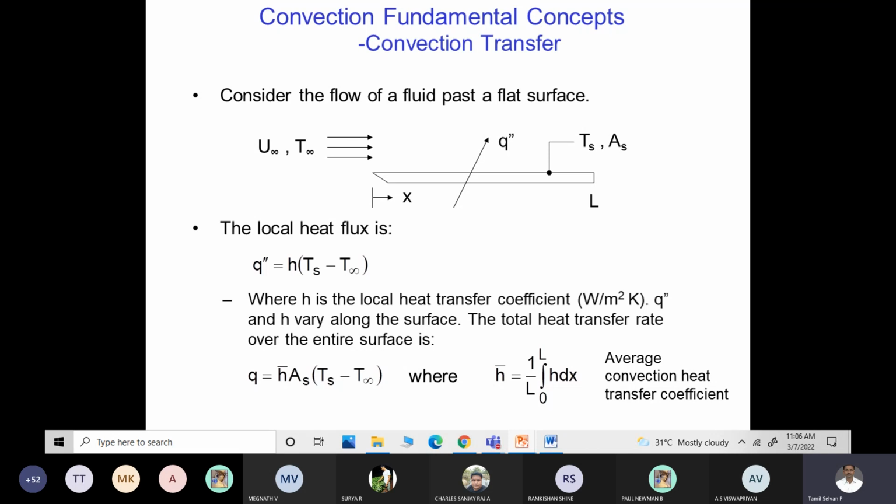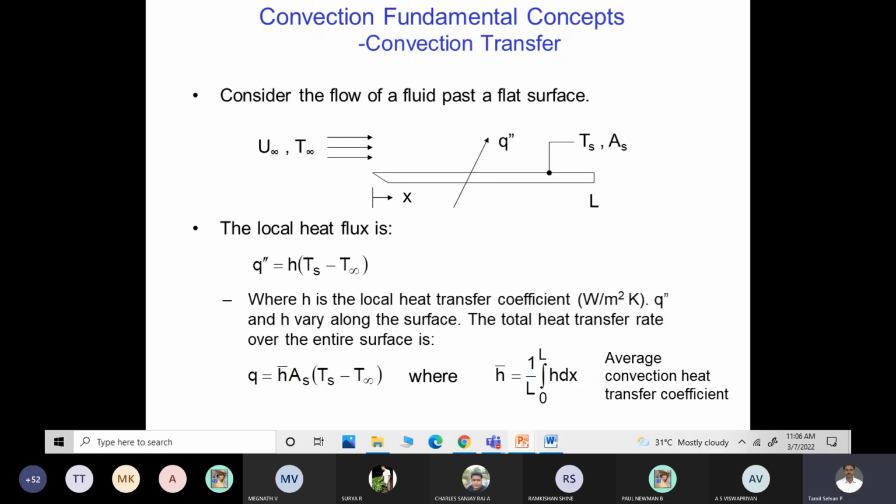If you take a length of, assume, 1 meter, from x equal to 0.1 to x equal to 1, you will have variation in the h values, and the overall average value is usually taken. There are many assumptions which you have to understand when we go for finding out this h value.